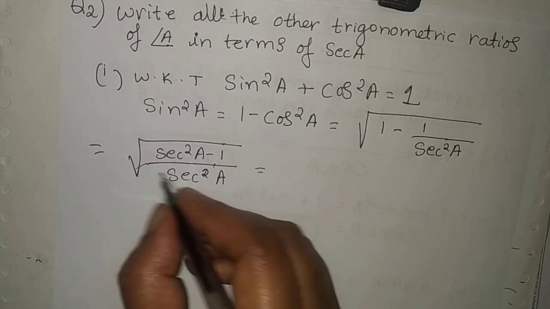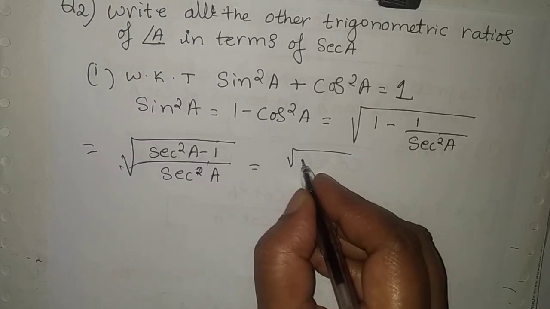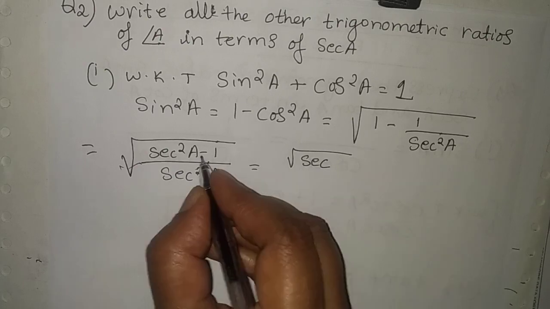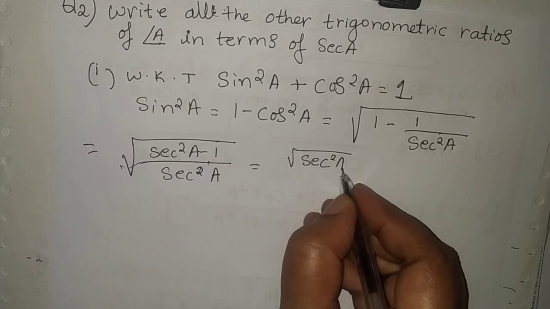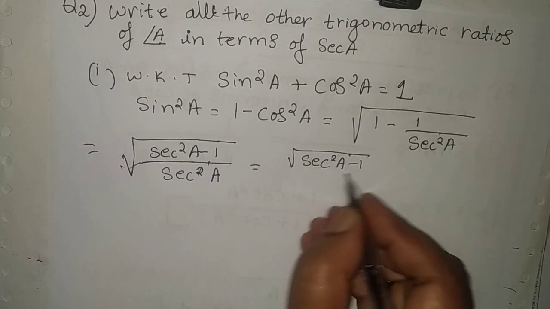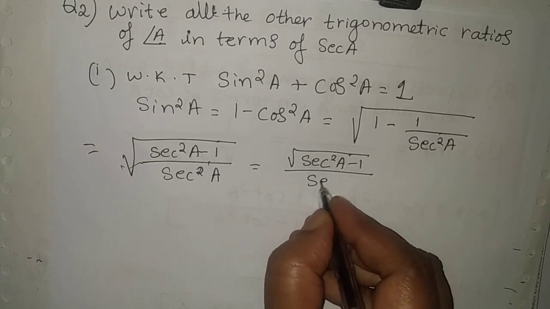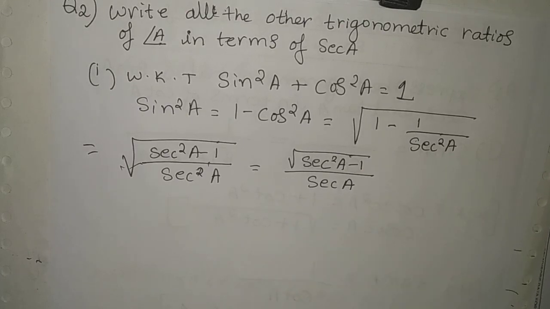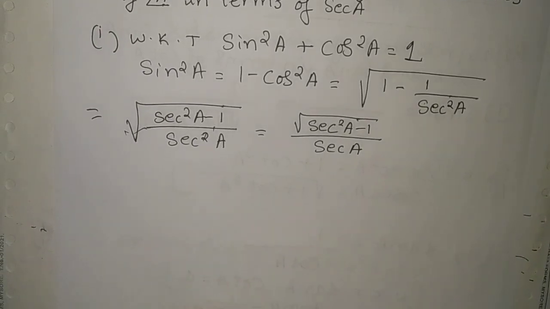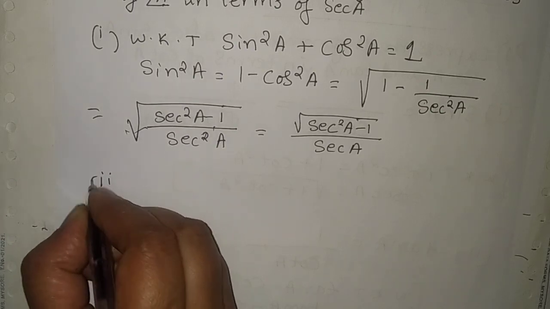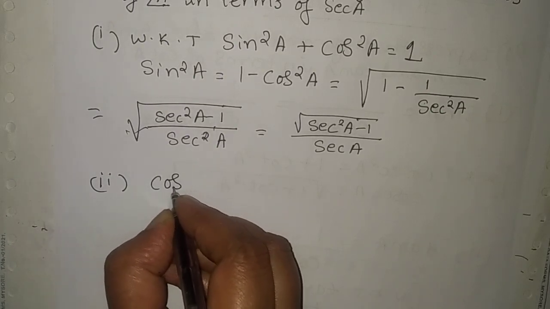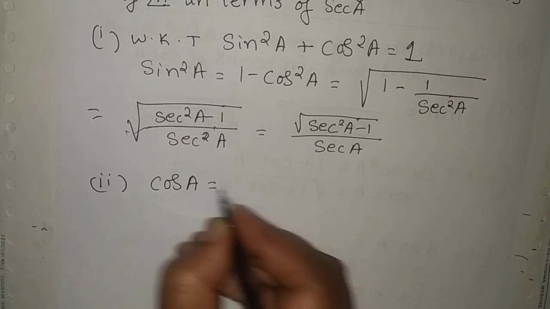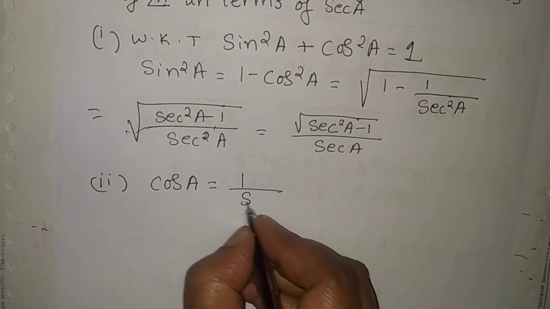Remove the square root in the denominator. This will be root secant square A minus 1 by secant A. So this is the solution. Now we'll take the second one, cos A. Cos A is equal to 1 by secant A. That's all.